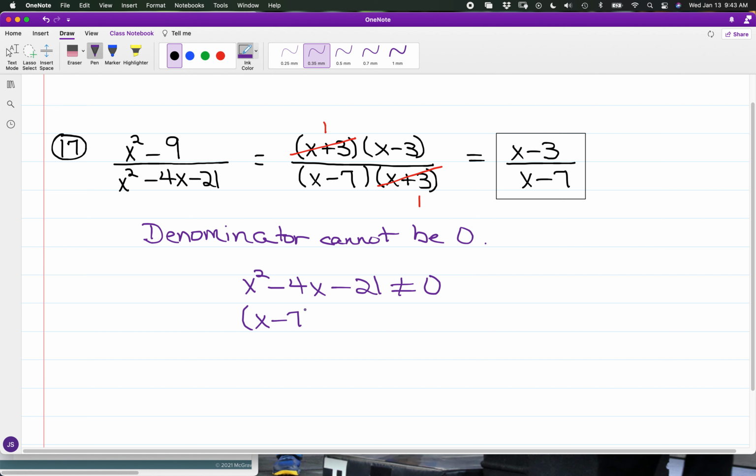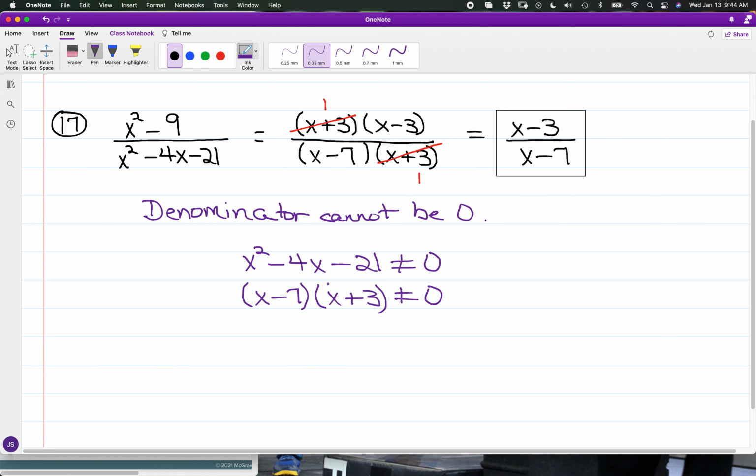We had factored out this trinomial to x minus 7 and x plus 3. And if the expression cannot be 0, neither can its factors. So to avoid a 0 denominator, x minus 7 cannot be 0, nor can x plus 3.